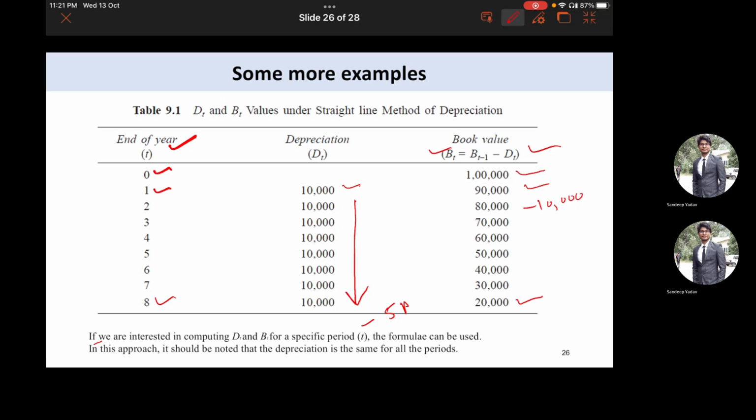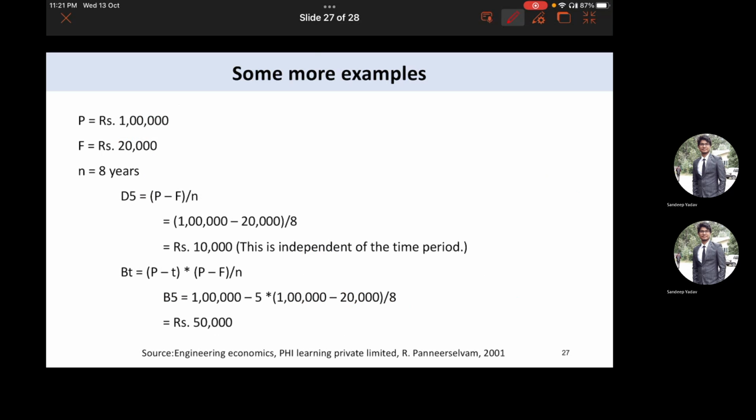It should be noted that depreciation is the same for all periods. For period 5, we can calculate the book value, that is BT is equal to P minus T into (P minus F) divided by N.